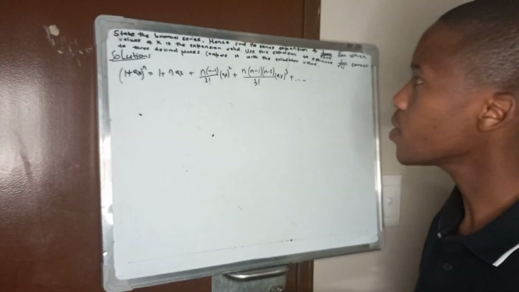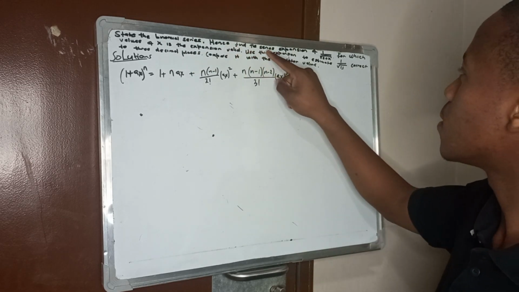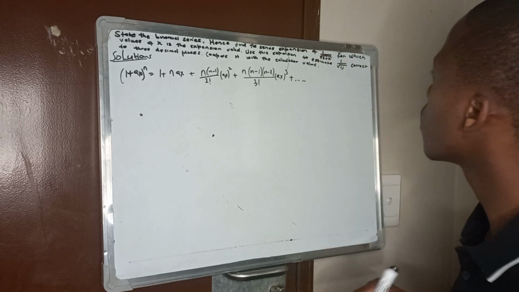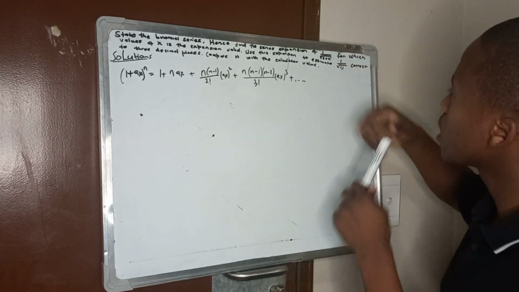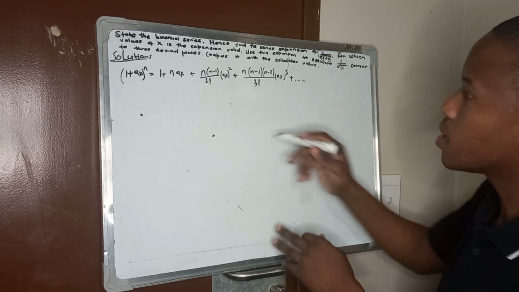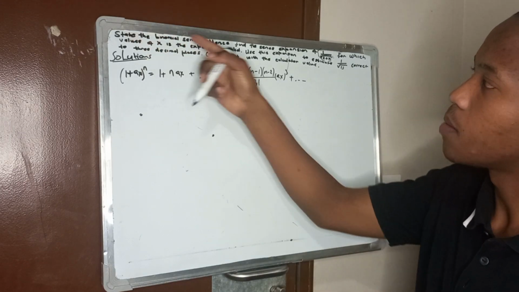Okay, now we have already did that, hence we find the series expansion of this. Now we are required to find the series expansion of this. State the binomial series.